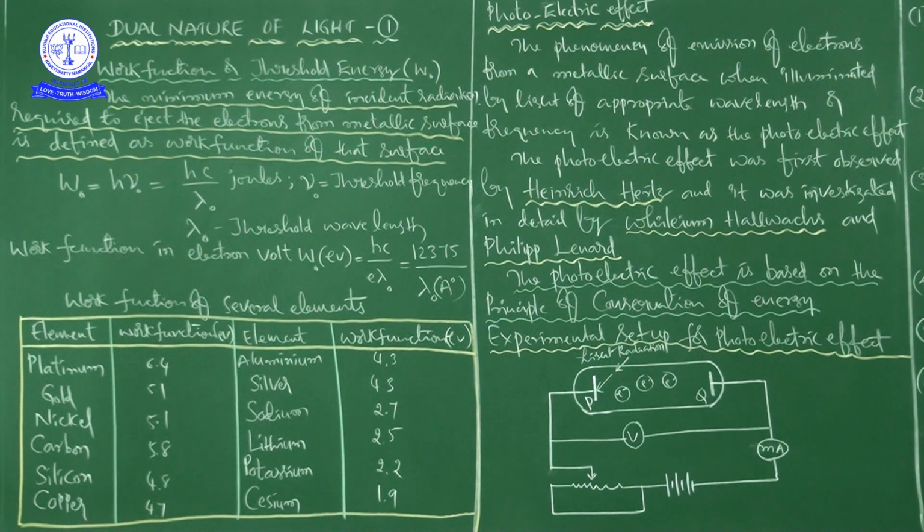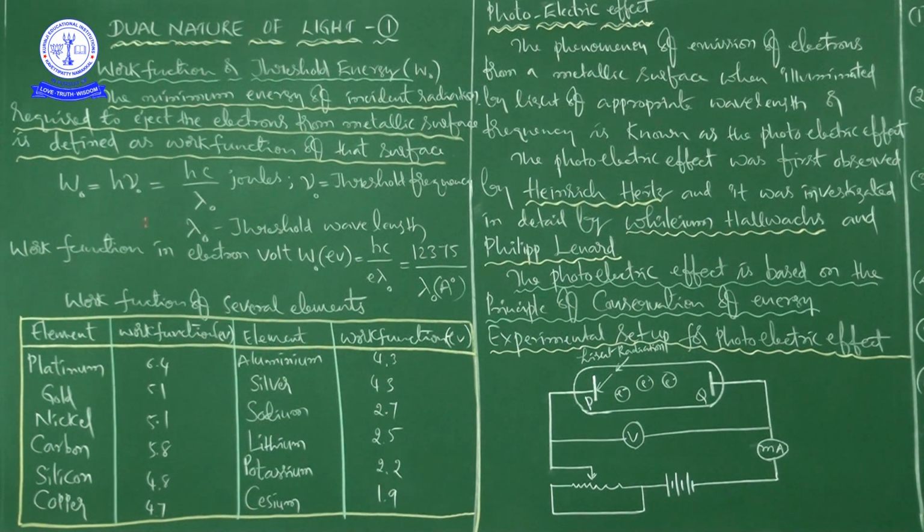And we had another unit for energy, the smaller unit, the electron volt. 1 electron volt is equal to 1.6 into 10 to the power of minus 19 joules.